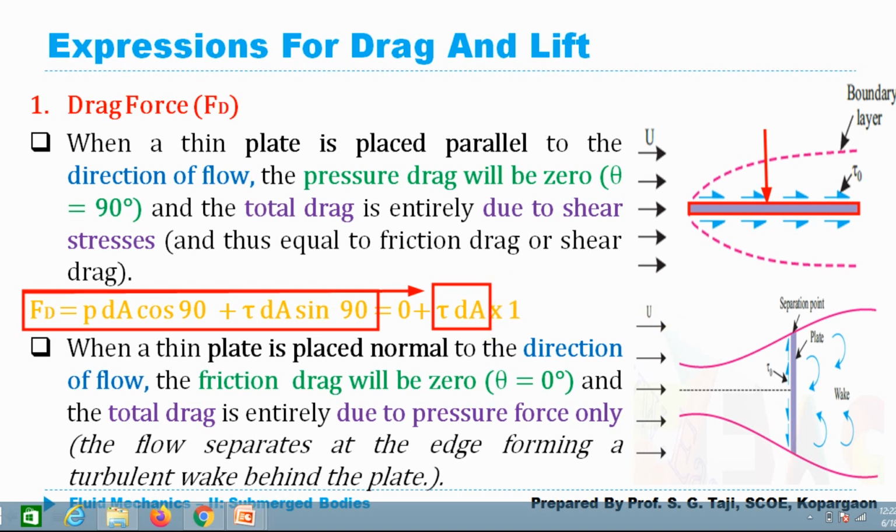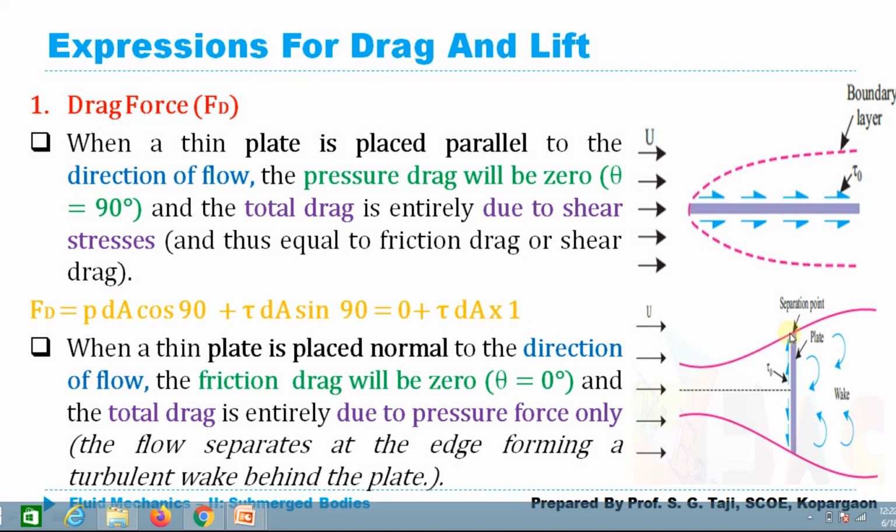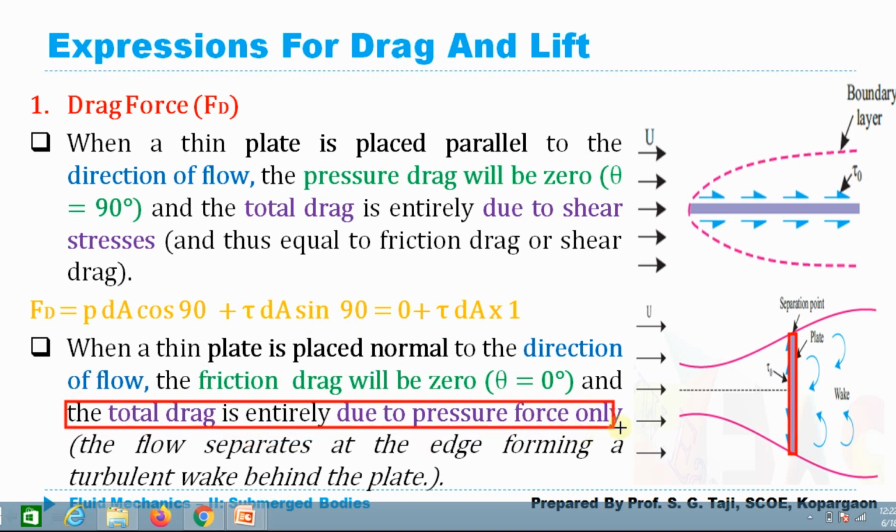Again, in the other case, if I hold this plate perpendicular to the direction of motion, in that case my theta will reduce to 0, and sin 0 will become 0, and in that case my total drag will be only due to the pressure force, and my drag due to the skin friction or shear force will be reduced to 0.